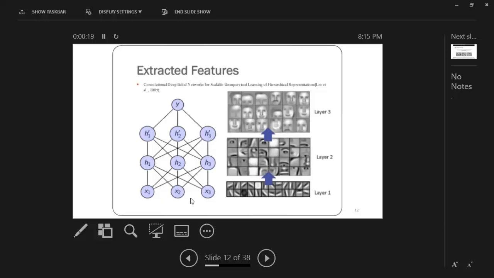So basically what it's saying is that the first hidden layer is showing you very simple straight lines, just as we saw, right? The second hidden layer is now able to pick up parts of the face. So it's picking up part of the eyes, the lips, the ears, the nose and eyebrows and so on. And finally, the third deeper layer is picking up the entire face.